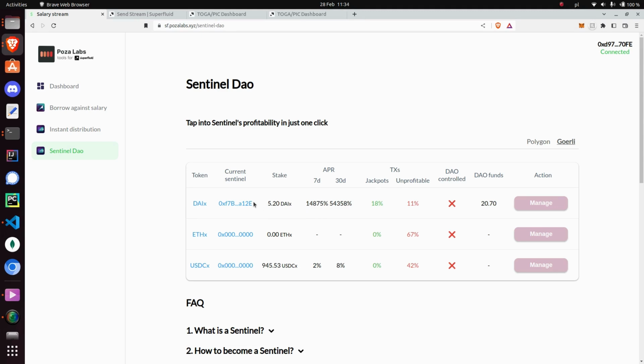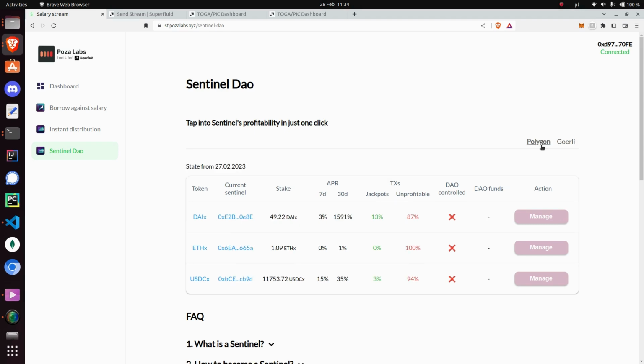But on the other hand, it's just fake tokens, so that's not any good. For that reason, we've also created a separate dashboard for the Polygon network, which is actually live and where you can become a Sentinel any minute now, and you can enjoy the high APR that is on here.